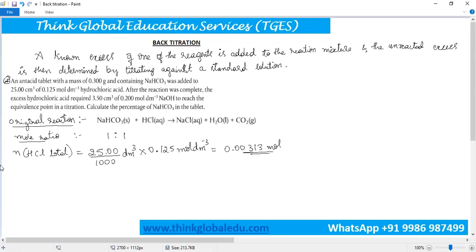So now we shall look into the titration reaction, which is between the HCl and the NaOH.